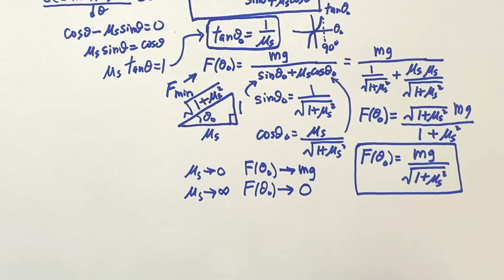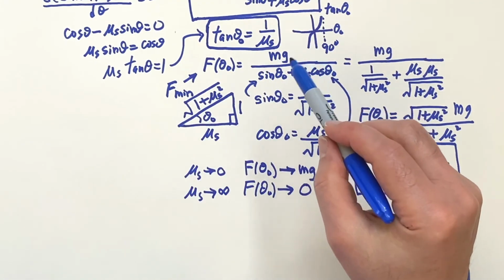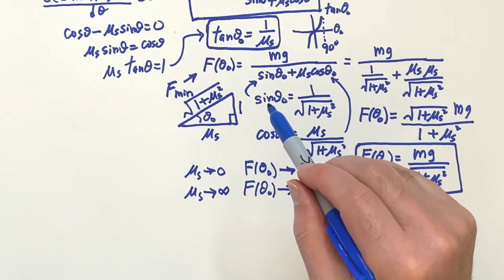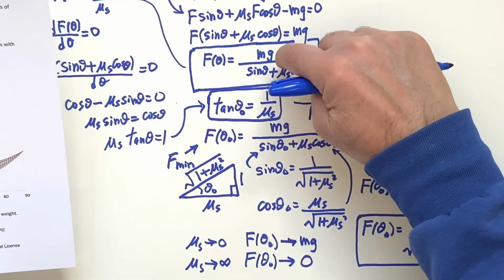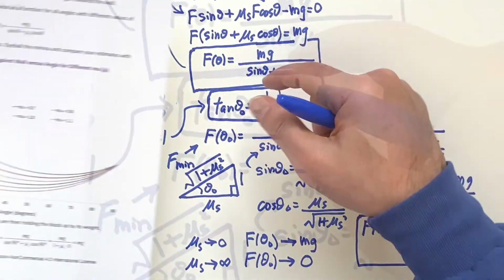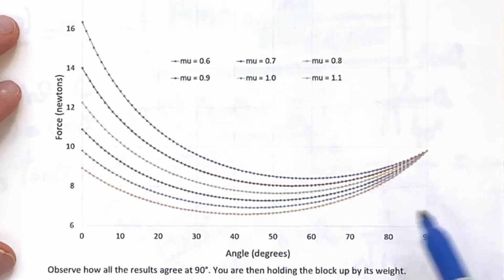So here is what I did. I made a plot, and so did the professor that I looked at. He used Python. I used a spreadsheet, and I plotted this function for all the angles, and then you get this situation with different mu's. Isn't that nice?